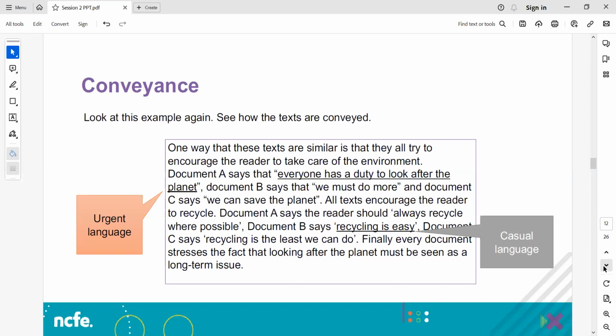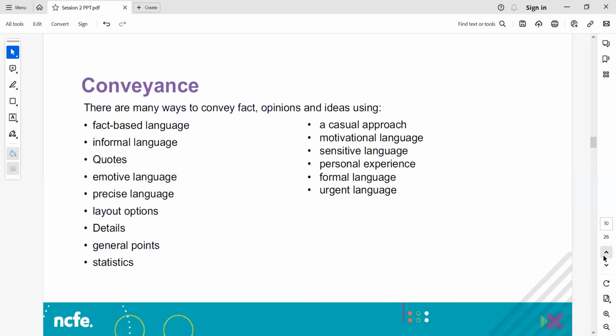Document B uses more casual language, saying recycling is easy. Okay, so in your answers, if you were asked about how the message is conveyed in the different texts or documents, you can refer to those different types of language in your answer.